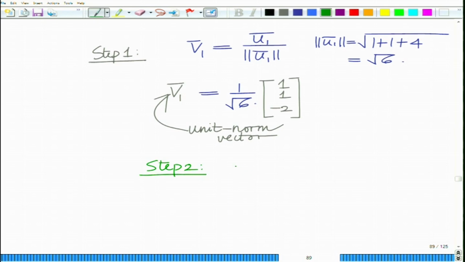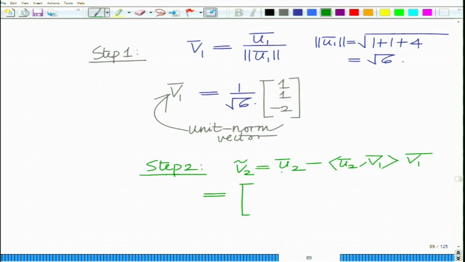So, V2 tilde equals U2 bar minus the projection of U2 bar on V1 bar, which is given by this inner product, since V1 bar is a unit norm vector.